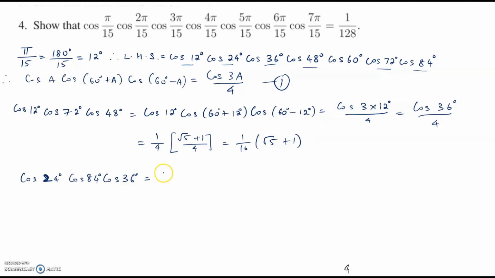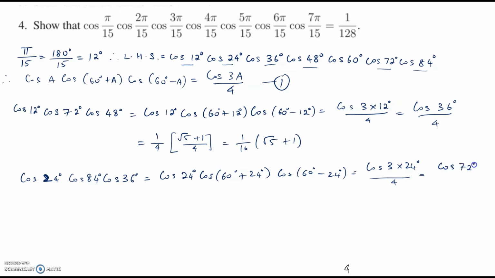So what we have here is cos 24 degrees into cos 60 degrees plus 24 degrees into cos 60 degrees minus 24 degrees. That's nothing but cos of 3 times 24 degrees by 4, which is nothing but cos of 72 degrees divided by 4. Now we can rewrite 72 as 90 minus 18.